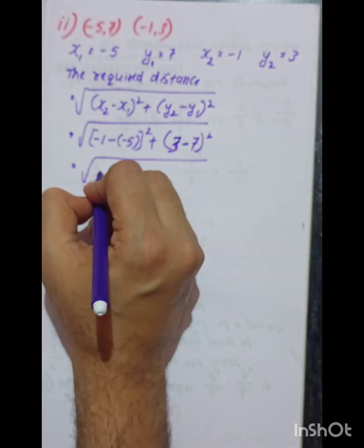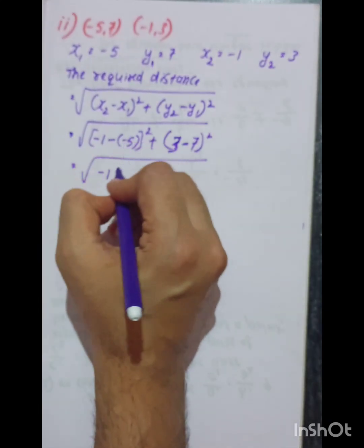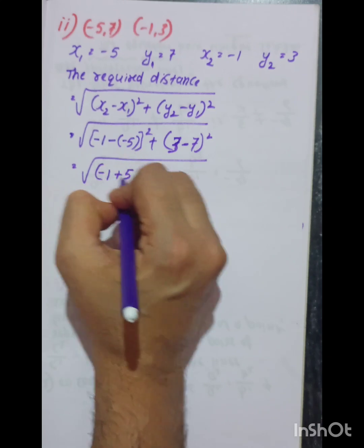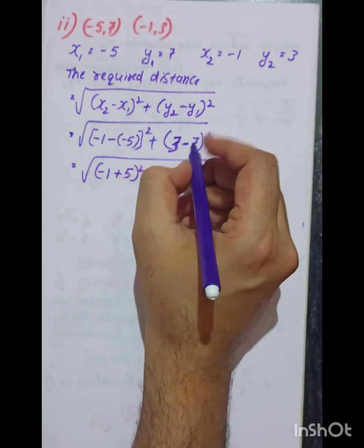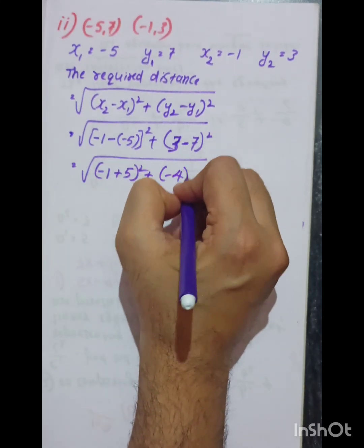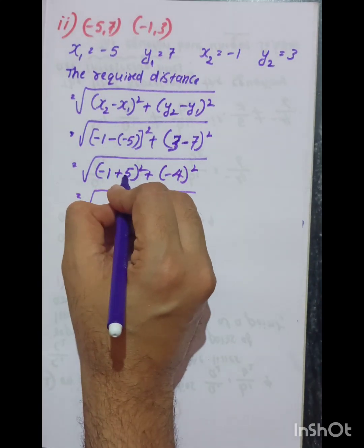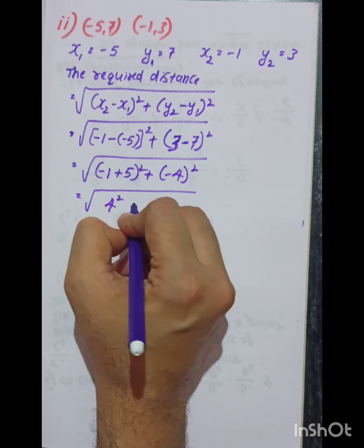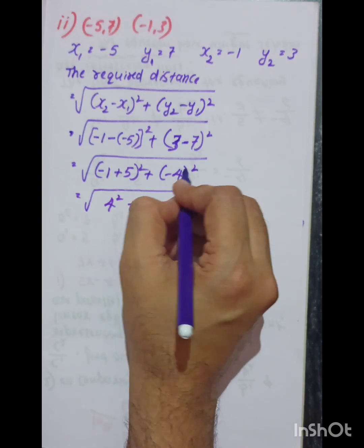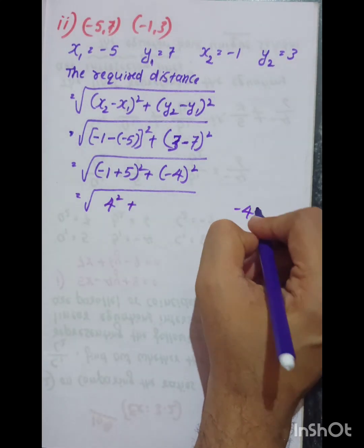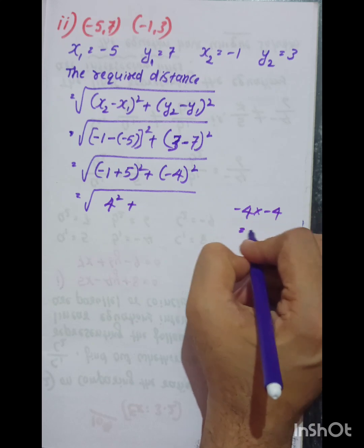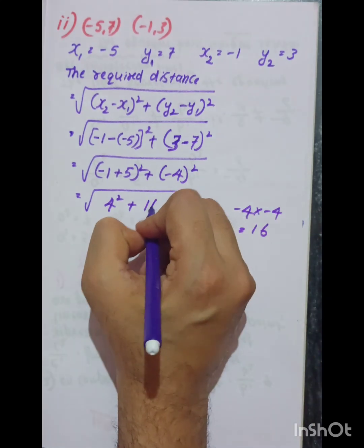Now minus 1, minus into minus is plus 5, whole square, plus 3 minus 7, that is minus 4, whole square. Now minus 1 plus 5 means 4 square, and minus 4 into minus 4, minus into minus is plus, 4 fours are 16.